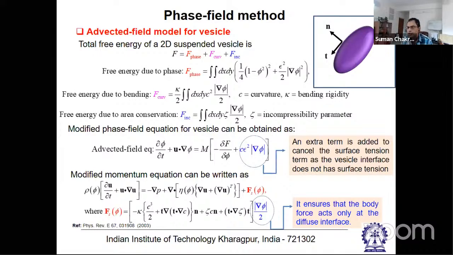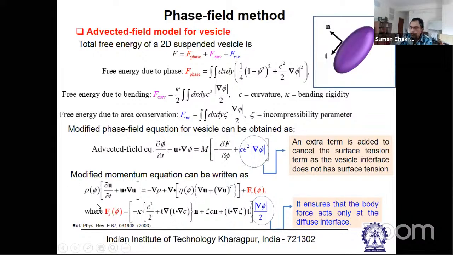So additional terms for free energy will be there. In addition, there has to be a term which should nullify the surface tension effect, because if you have a membrane instead of a fluid-fluid interface, you do not have a surface tension at the fluid-fluid interface. So whatever terms that we develop because of surface tension, that has to be nullified.